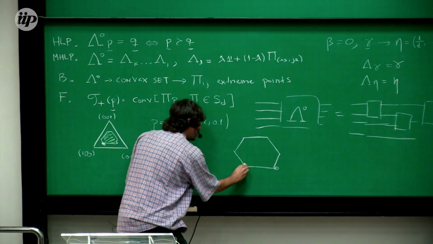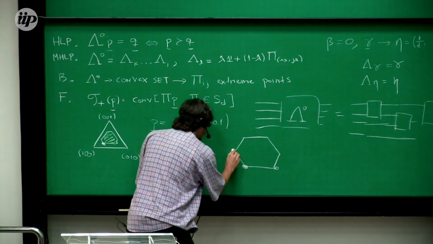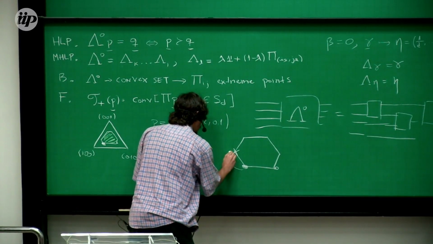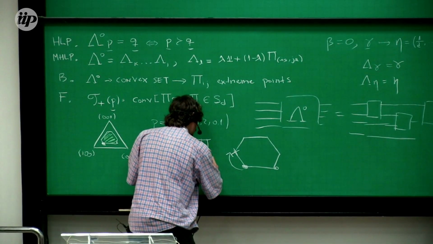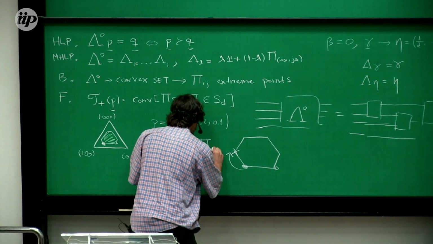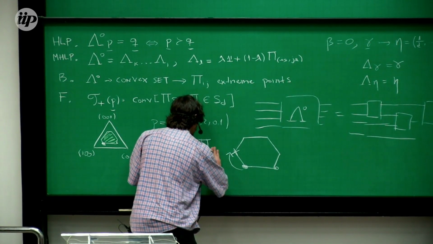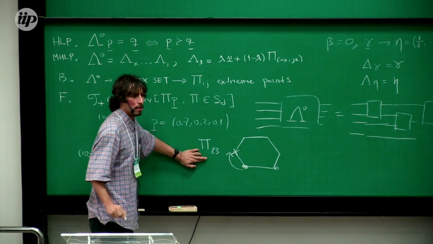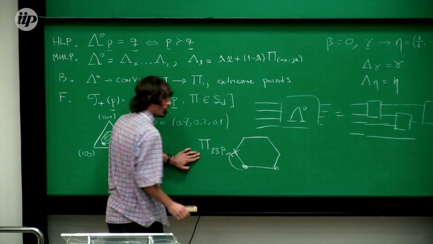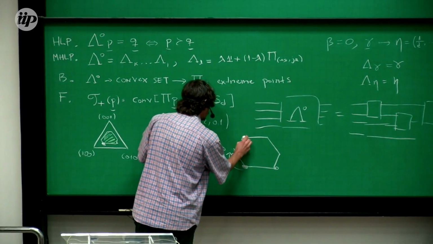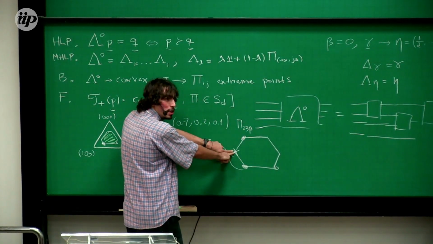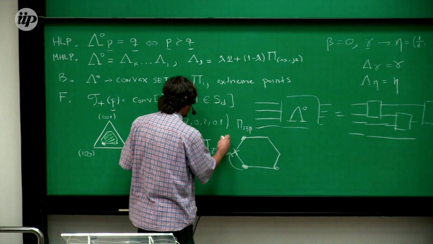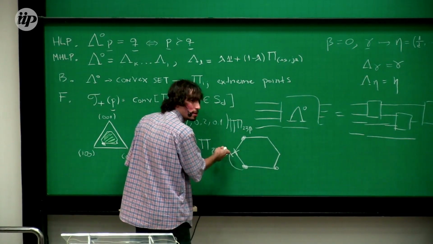So if I'm here, for example, to go to this other extreme point here, I just need to apply a permutation pi on P. Wait, how am I labeling? So this is 0. So yes, 2, 3 on P. Okay, but then if I go here, then, well, you can think that first you come here and then you apply now another T transform, which is just a permutation, right?